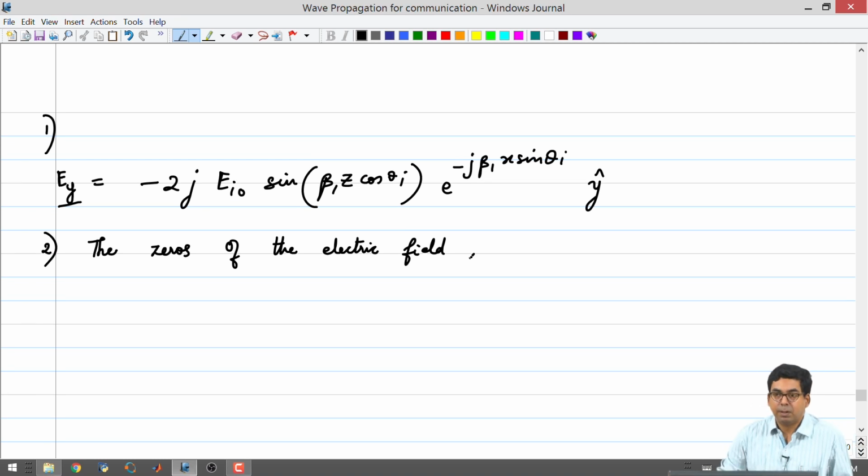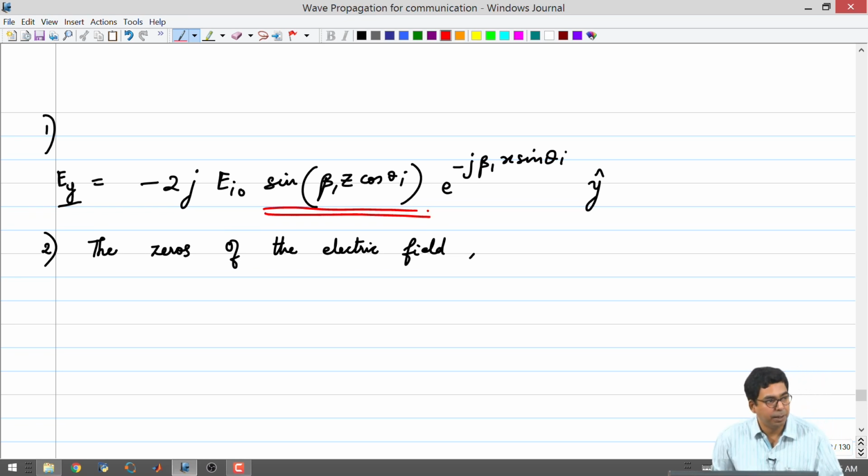The first thing is that the zeros of the electric field are going to be present corresponding to the term here. I have sin(beta 1 z cos theta I) over here. As z changes, beta 1 is a constant for a given medium. Suppose theta I is fixed, the angle of incidence is fixed. Then depending upon the distance you move away from that conductor, you are going to have some zeros, and these are going to be periodic.